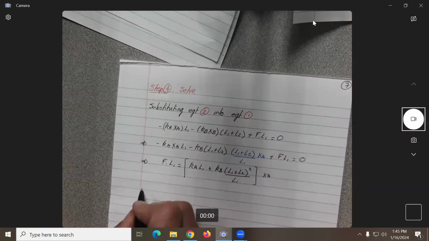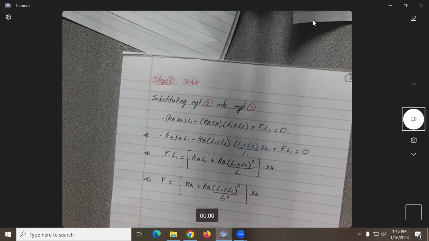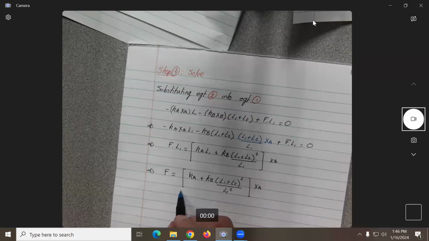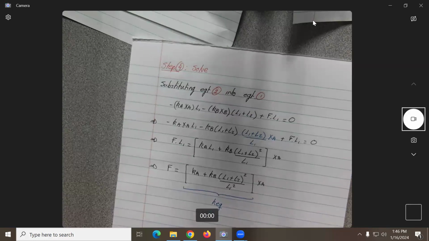Or this will give us f will be equal to ka plus kb times L1 plus L2 squared divided by L1 squared, times x sub a. And what should be the k equivalent then? This should be the k equivalent, no?